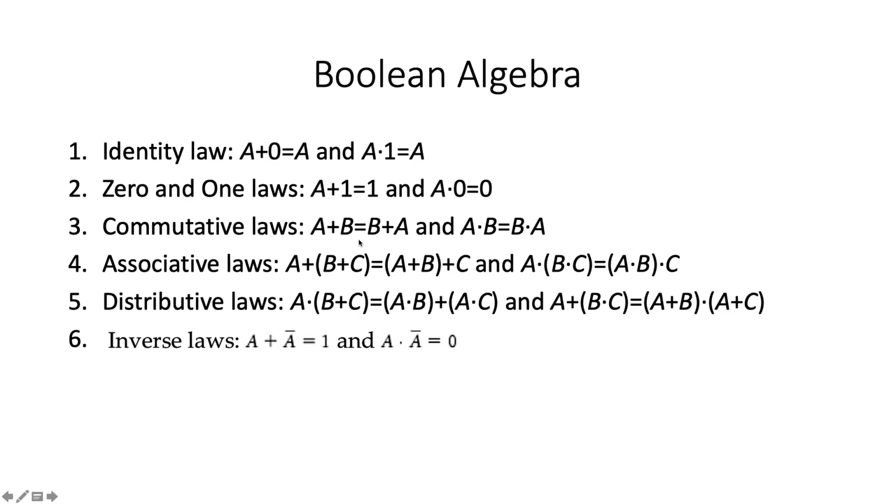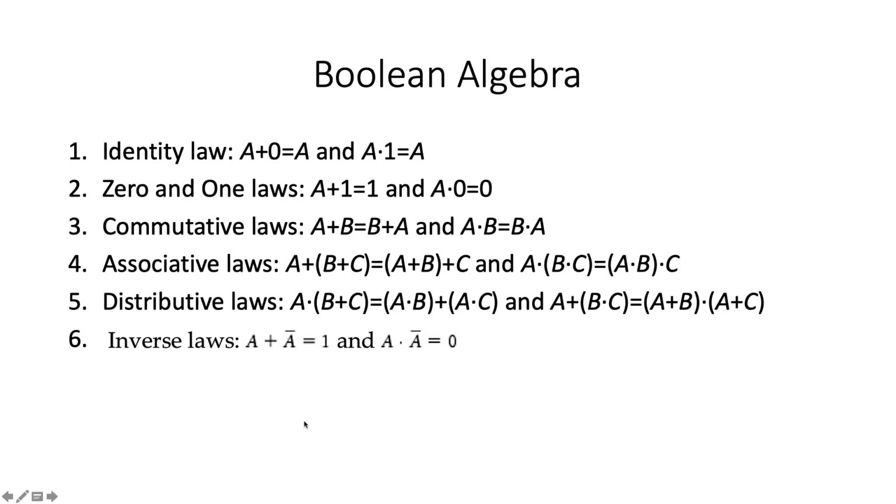You can play around with the order: A plus B is equal to B plus A, and also for the dot, A dot B is equal to B dot A. And the more sophisticated one is the distributive law, so that you can distribute this A among all those parentheses. So A dot (B plus C) equals A dot B plus A dot C, okay, and the other way around.